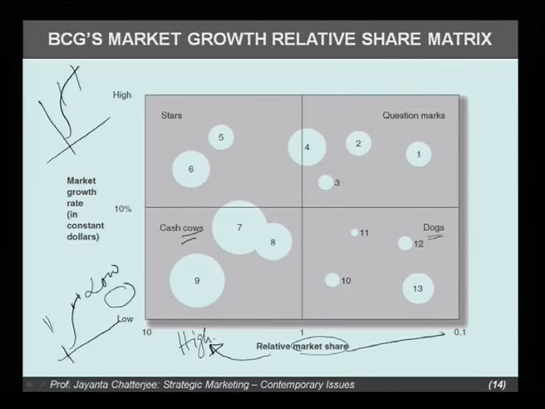So, if the market share is low and the industry growth rate is also low, then that business obviously is not attractive. Sometimes you need to retain that business, so it is no longer a cash cow.